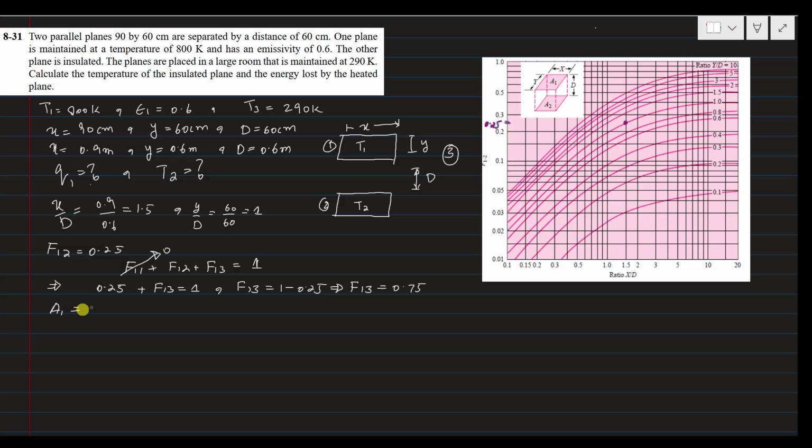Area A1 is equal to area A2, that is 0.6 multiplied by 0.9, and you will get the area of both planes as 0.54. By the reciprocity theorem, A1 F13 is equal to A2 F23. If the areas are the same, they cancel out. So I can say that the shape factor F13 is equal to F23, and that is 0.75.